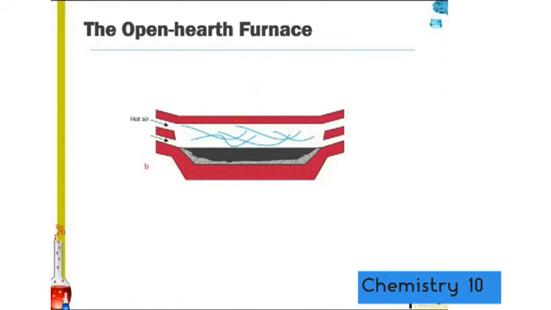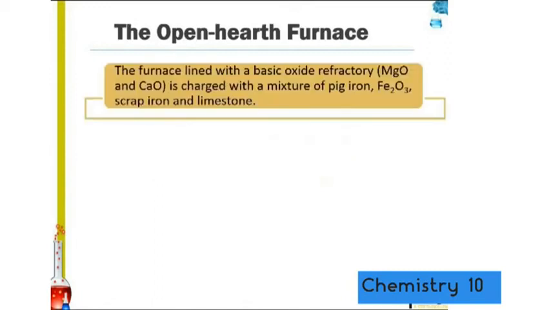We'll now talk about our second process, the open-hearth furnace. In an open-hearth furnace, the furnace is lined with basic oxide refractory, which is magnesium oxide and calcium oxide, and is charged with a mixture of pig iron, iron oxide, scrap iron, and limestone.